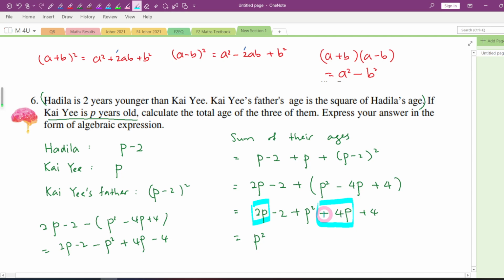If the number is too big and you worry that you will make a mistake calculating mentally, you can just press your calculator: 2 minus P, 2 minus 4 gives negative 2P, and negative 2 plus 4, you will get 2. Okay, so this is the answer for this question.